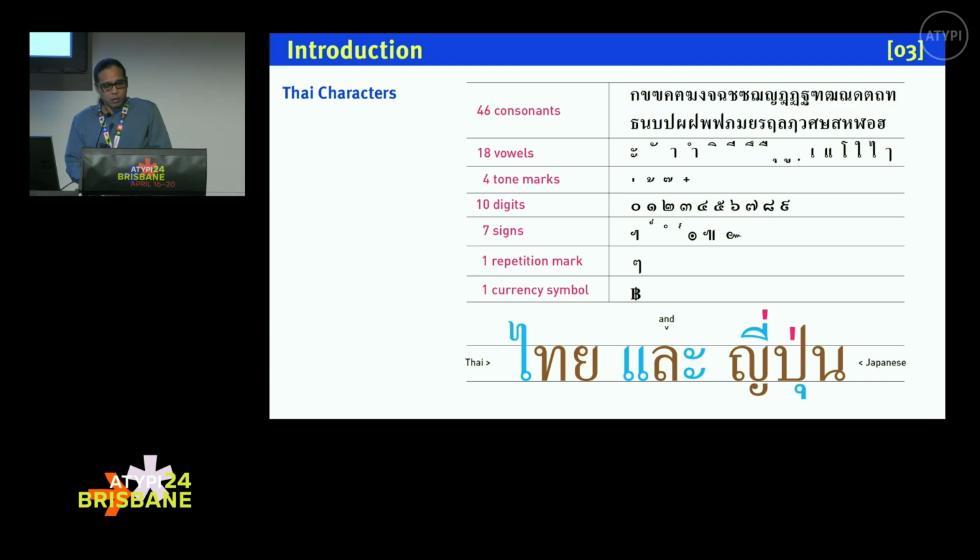To form a word, a consonant is on the baseline, surrounded by vowels on top, bottom, left, and right, and the position of the tone marks is over the consonants or on the top vowel.